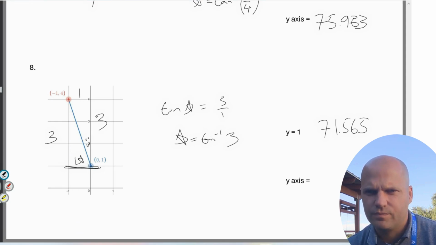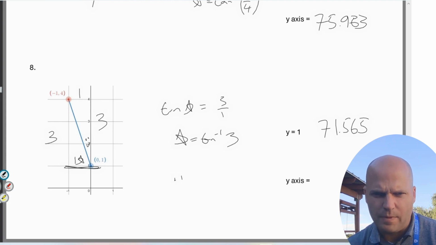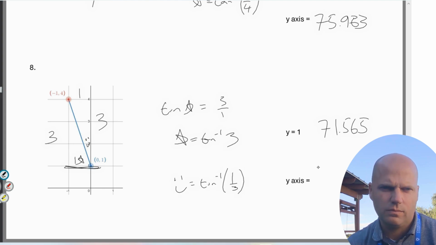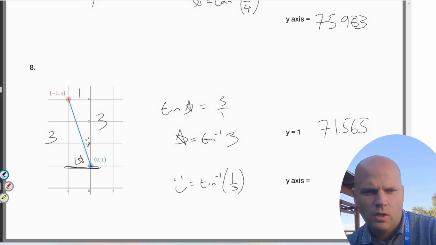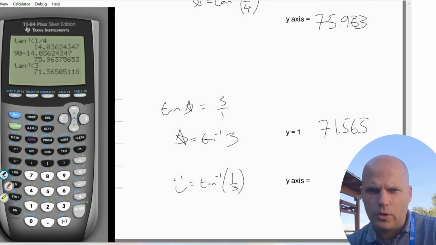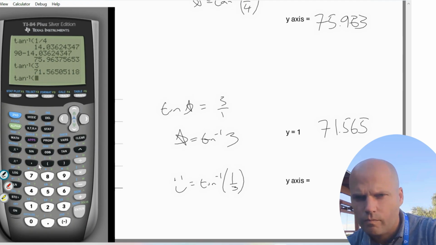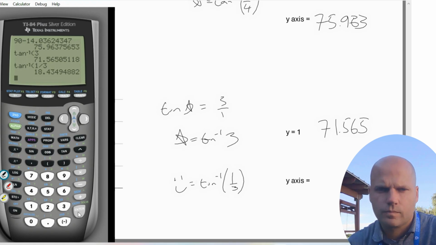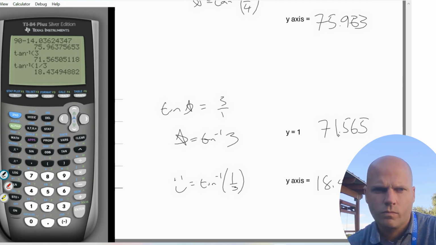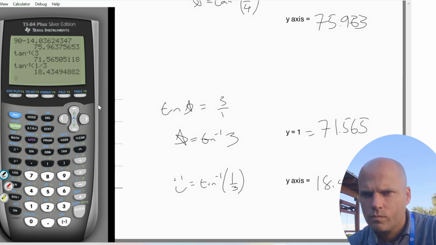This will be 3. So happy face will equal the tan inverse of 1/3. You can type it in, or you can subtract that angle from 90. Two angles have to be complementary to each other.